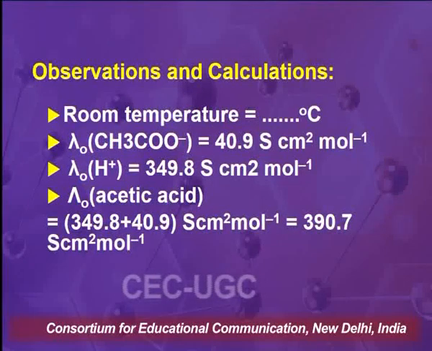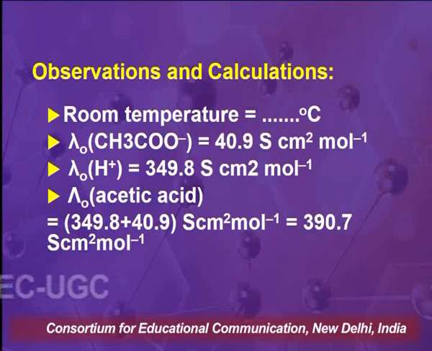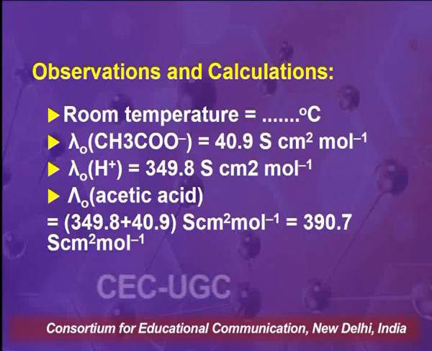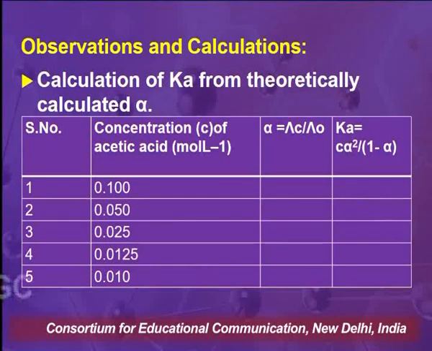So, room temperature is noted in degree centigrade. Alpha and Ka we have already determined. Another method uses the lambda naught values to find lambda naught of acetic acid, which is equal to 390.7, and then again alpha can be calculated using alpha equals lambda C by lambda naught.